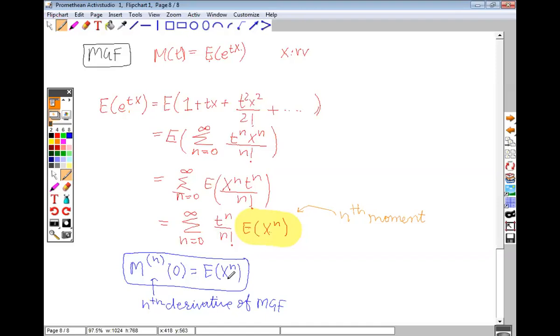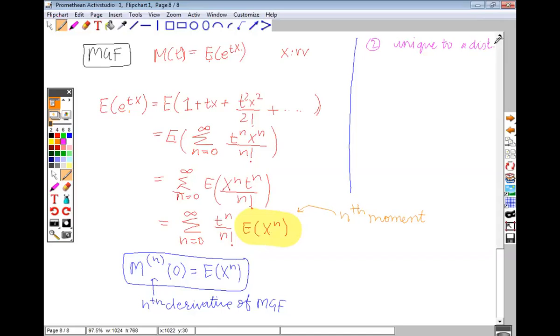Again, the second property that any MGF has is that it is unique to a particular distribution. So my MGF is always unique for a particular distribution.